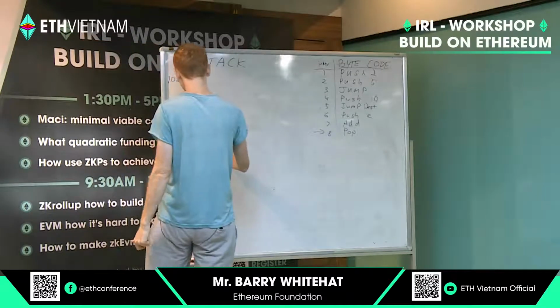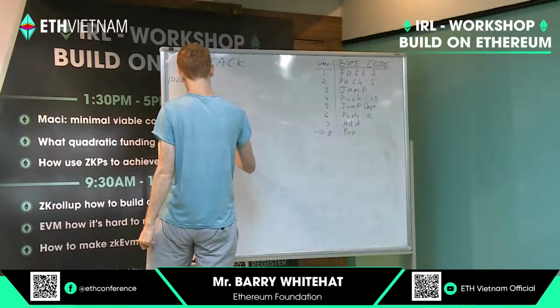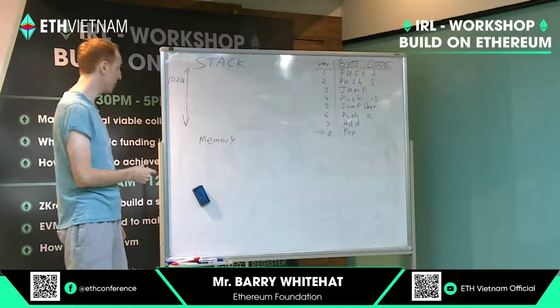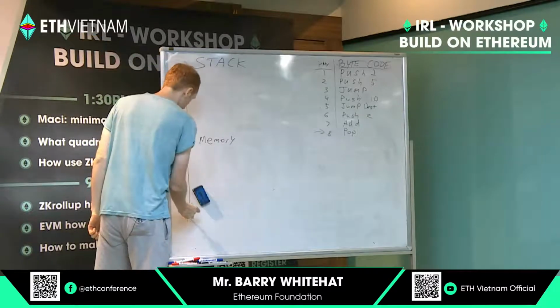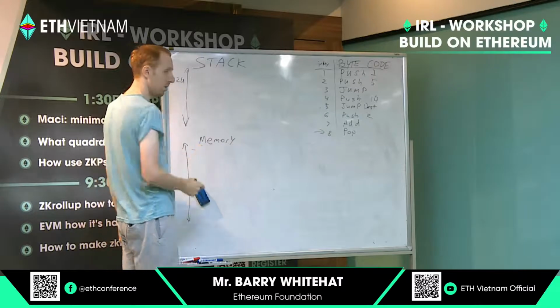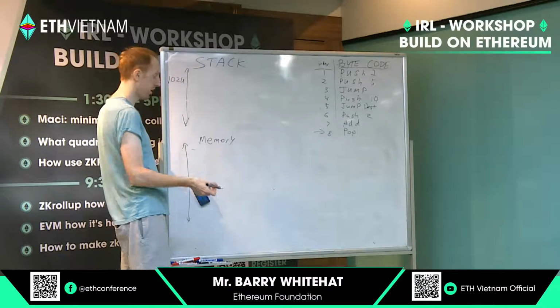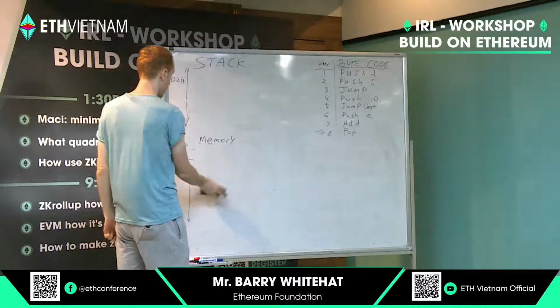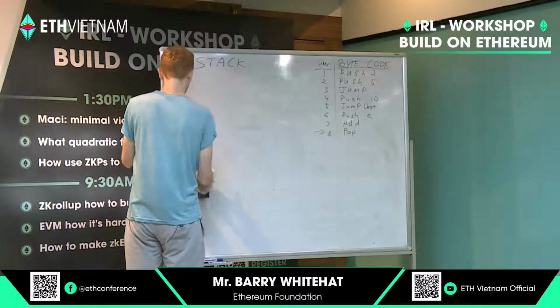So we have this memory. Memory is much bigger, and we're able to insert more things into it. Another cool thing about memory is we can have an index in the memory. We can just say, store it at this location, store it at this location. So it's like a key value.